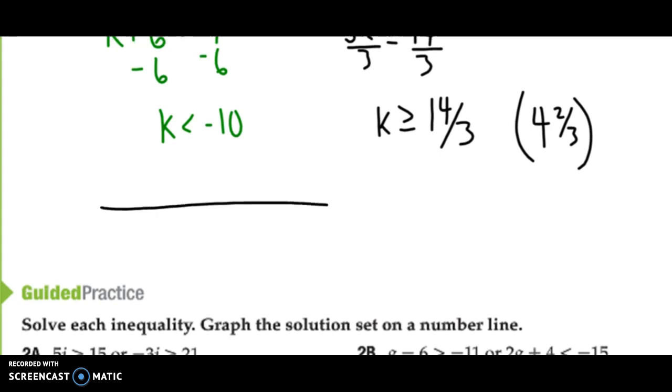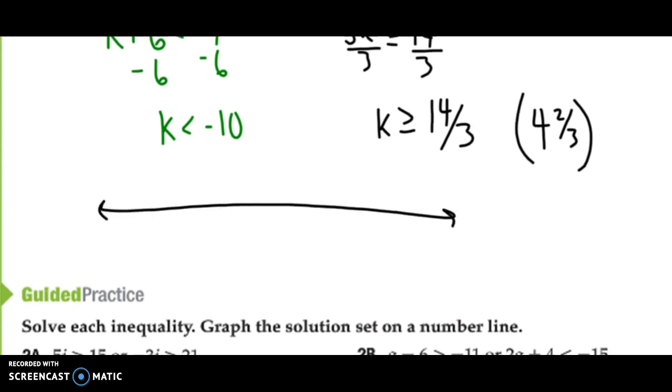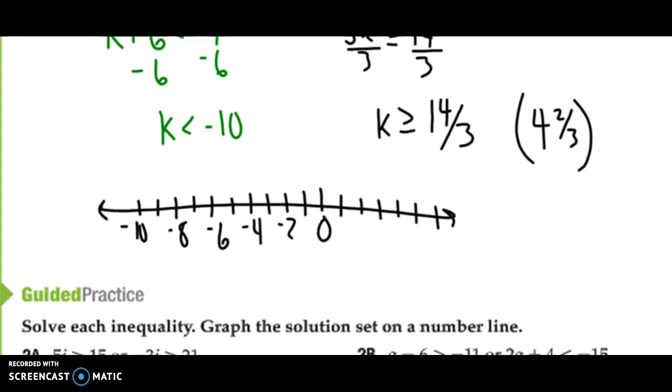Now I need to graph my solution set. So I make my number line, and I'll start. Here's -10, -9, -8, and so on up through 0.